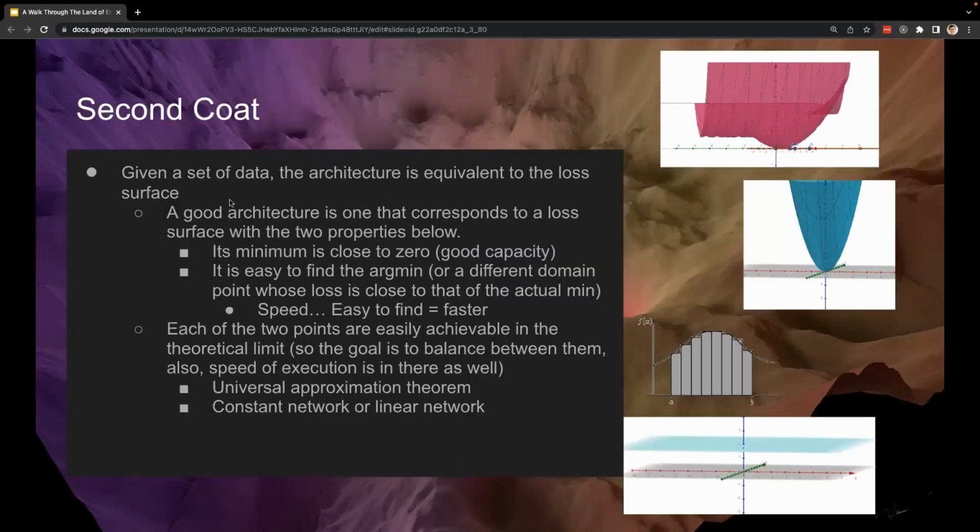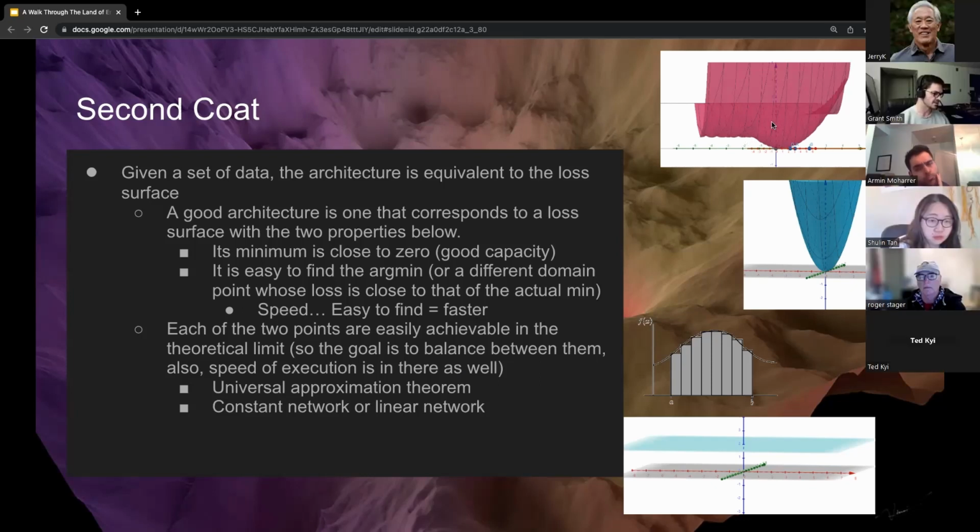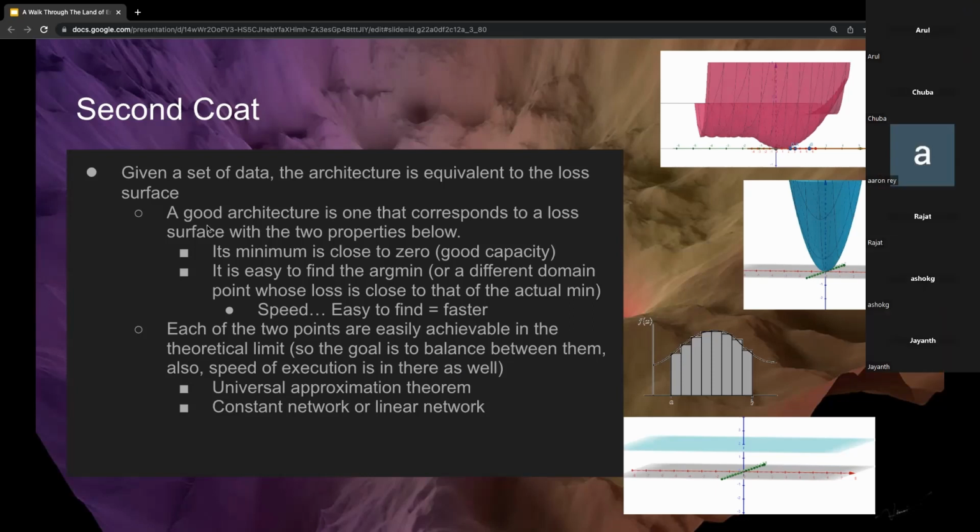Okay, so next thing, just another slide. I know there's a lot of text here, but it's not too complicated. Given a set of data, the architecture is equivalent to the loss surface, right? If you change how many neurons you have, or how many layers you have, that's equivalent to changing your loss surface. A good architecture is one that corresponds to a loss surface with the following 2 properties.